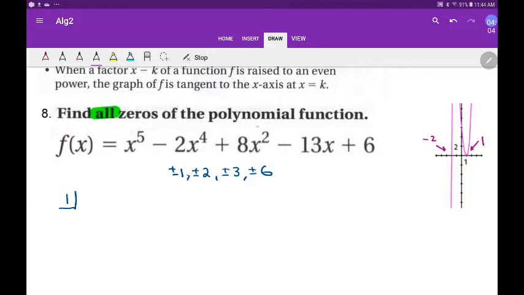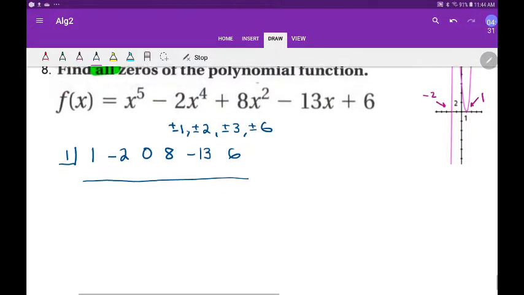I sure am going to try 1. So I get 1 and -2 and so forth like that. -2, they skipped. Oh, look, they skipped x to the 3rd. So I'm going to put a 0. So I put a 0 for x to the 3rd, and then 8 for x squared, and -13, and 6, and let's see what we get.